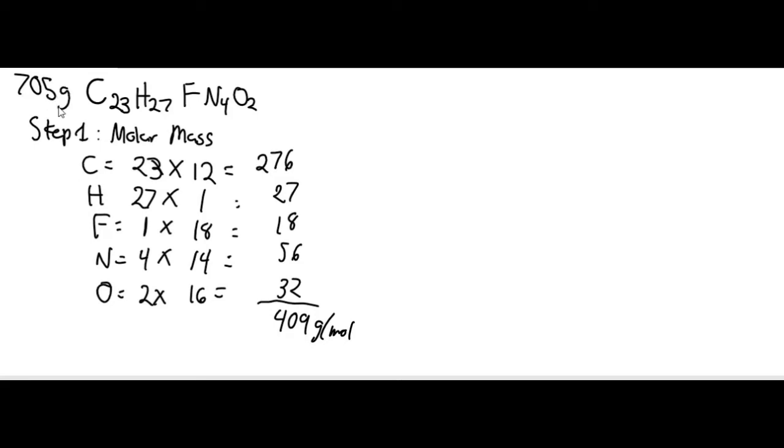Now, let's say that we have 705 grams of risperidone. So now that we have this, we can convert this to moles. We have 409 grams, right? That's our molar mass.